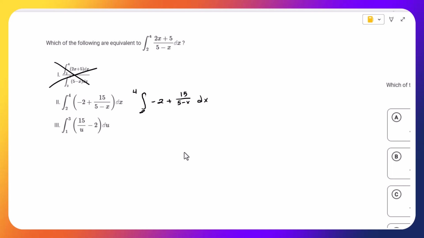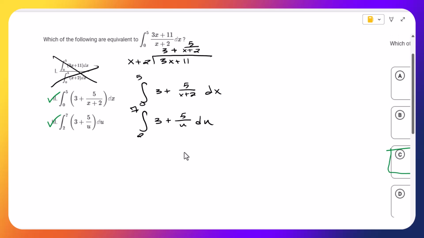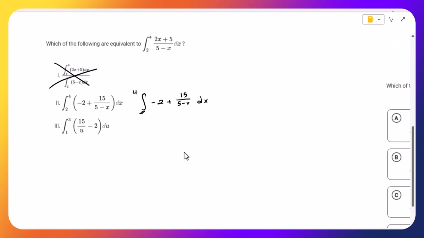And then again, you can do your U substitution. This one's actually a little trickier, so I actually think I'm going to show a little bit more work here.